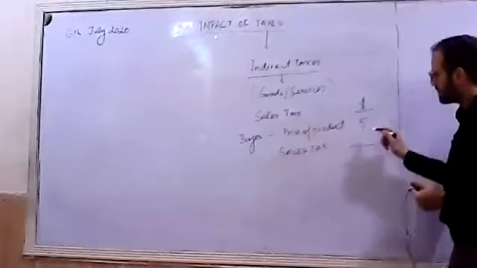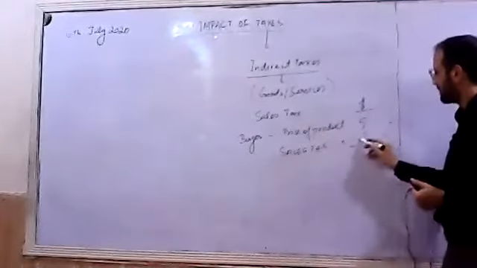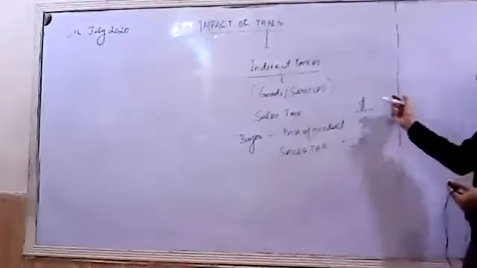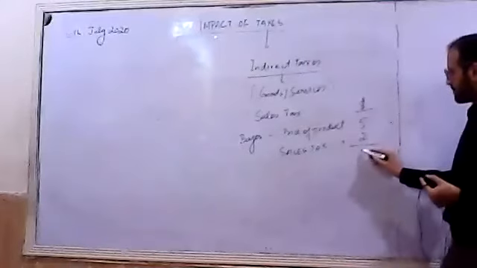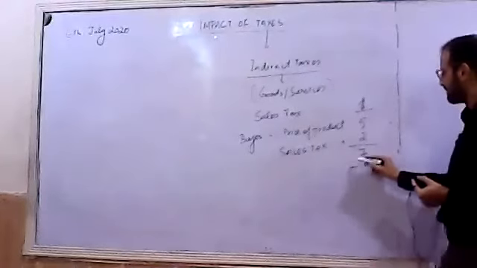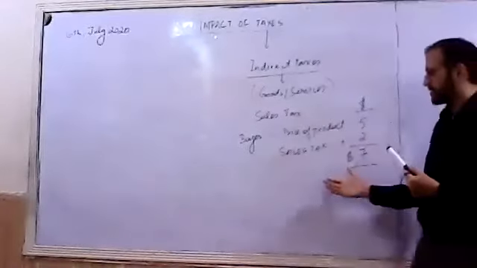So the price of the product is 5, and the tax imposed is, let's say, $2. So $2 is the sales tax, and the total price of the product will be $7. This is how the sales tax is actually paid in the market.